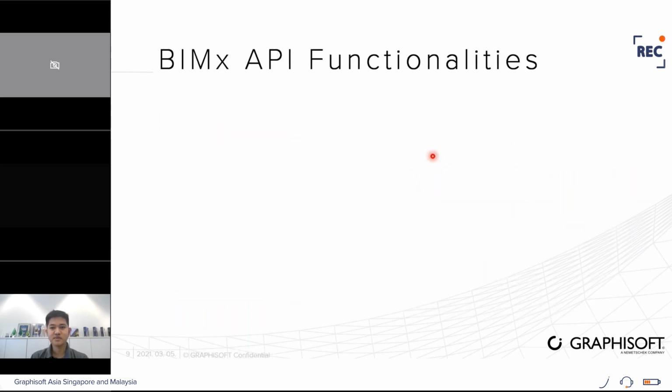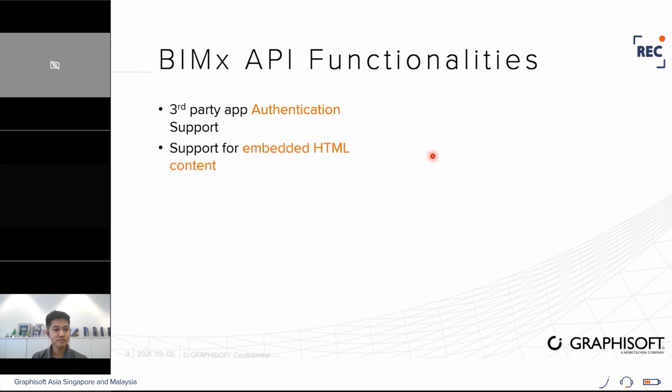For the BIMx API functionalities, we can do the following. We can add third-party authentication support, so if your website or app has authentication, you can leverage that to have more secure and authenticated access to your data. We also support embedded HTML content, because some of the content can be produced from HTML formatted data.